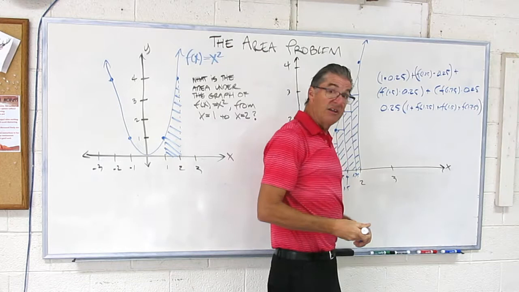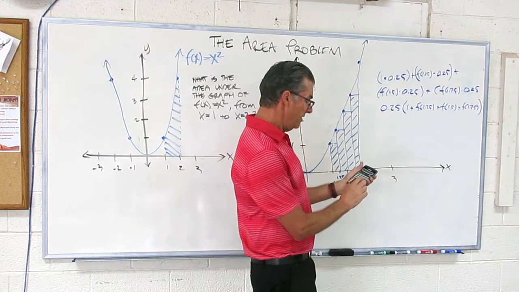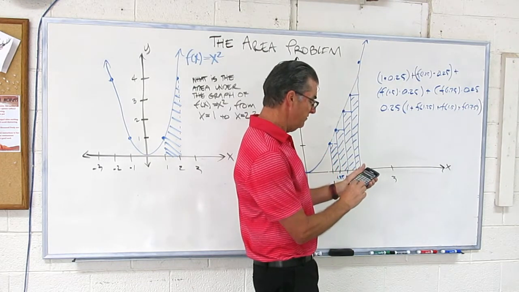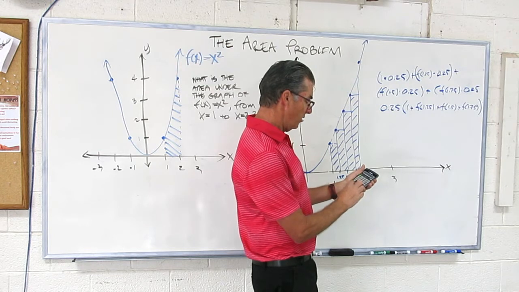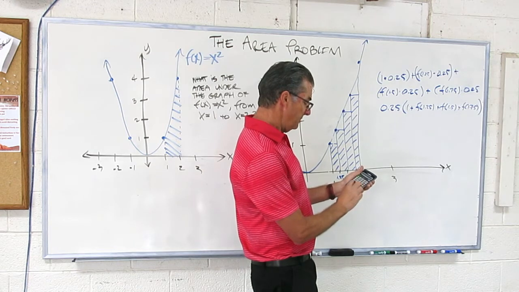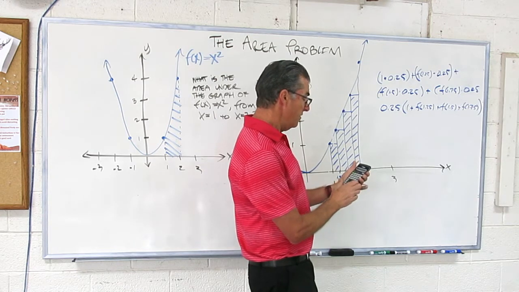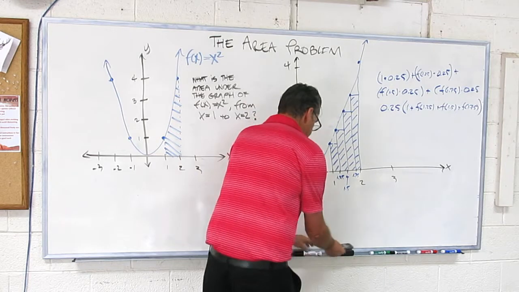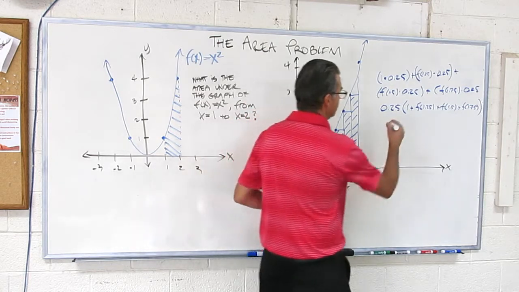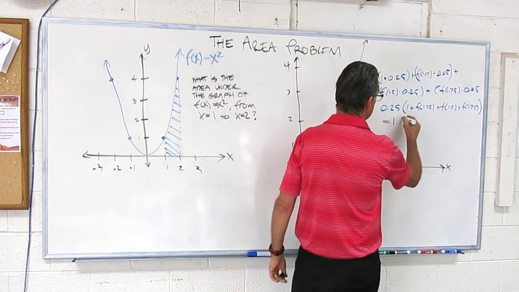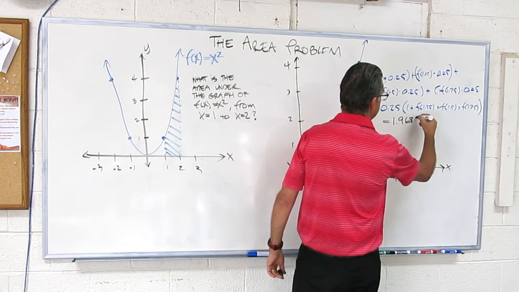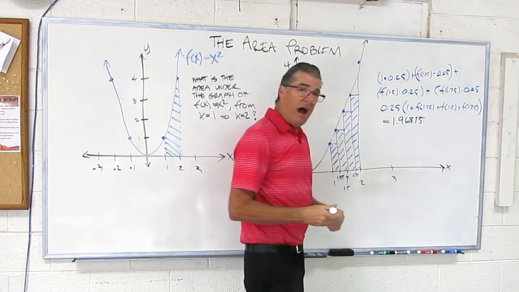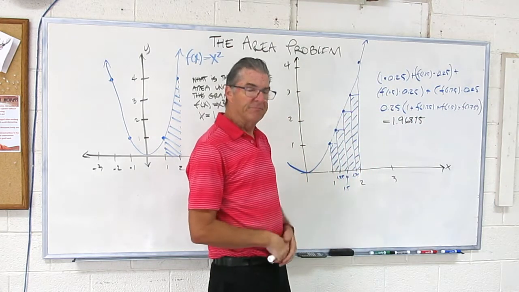So now I can calculate that out with my calculator. 1 plus 1.25 squared plus 1.5 squared plus 1.75 squared, times 0.25, and here's what I get, 1.96875. So the area of this is 1.96875.